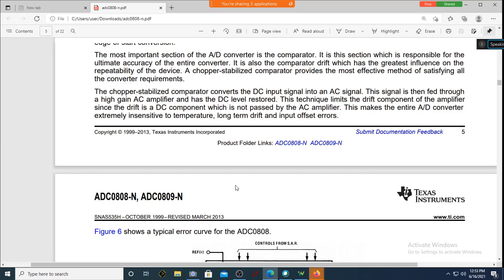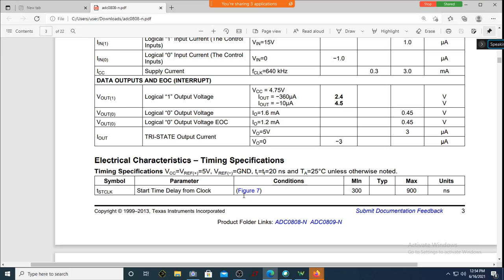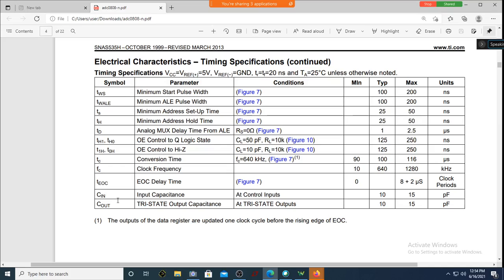Let me go to the data sheet specifications. Can you see this? This is a bit intense, but it is required. If you don't understand this much, then you cannot say that you learned something. Can you see here, conversion time?